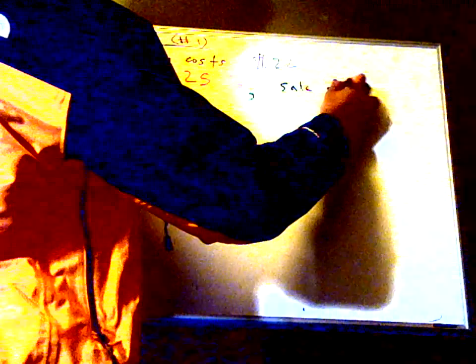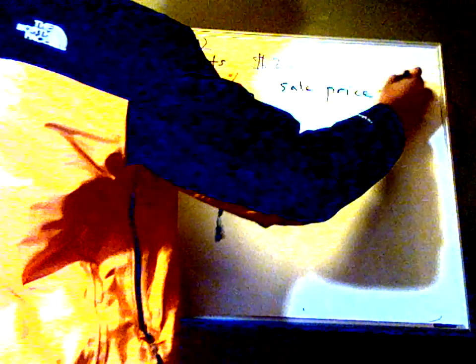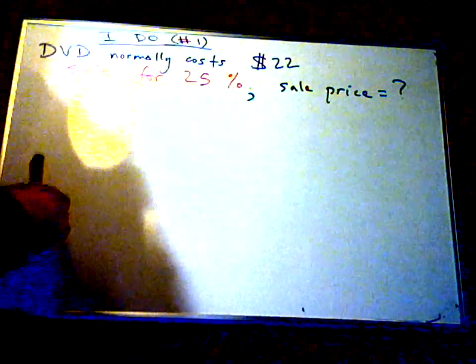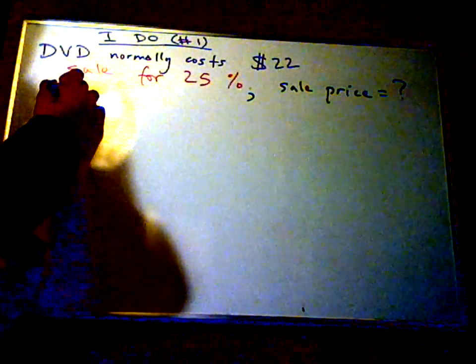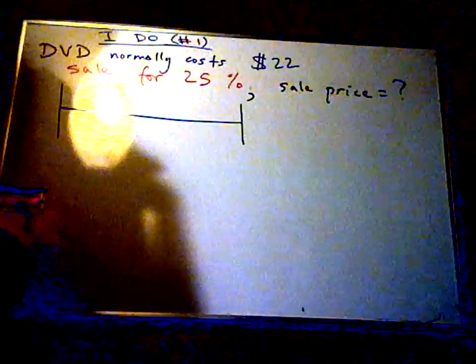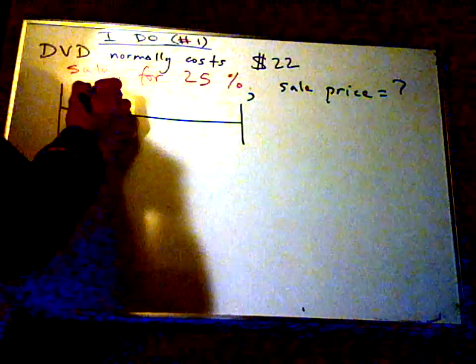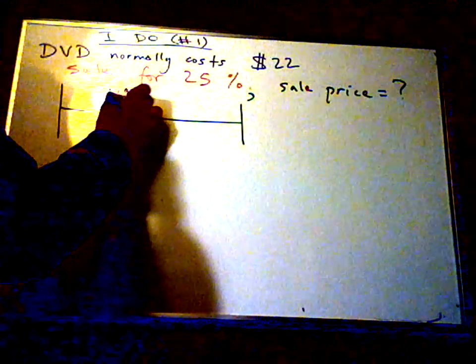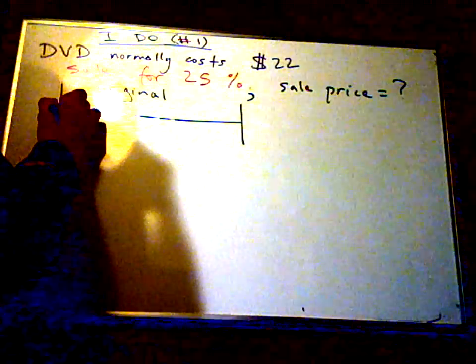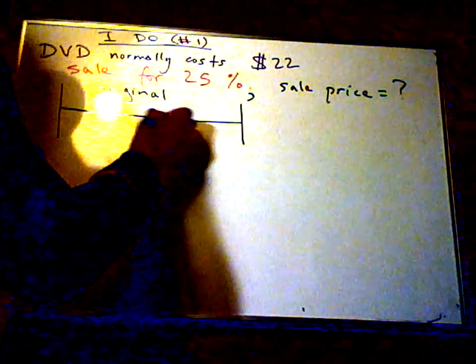Okay, so sale price equals, well, again, you have two methods of doing it. Now let's consider this drawing first. Okay, so up here is the original price. Okay, so the original price is all of this, all the way here.